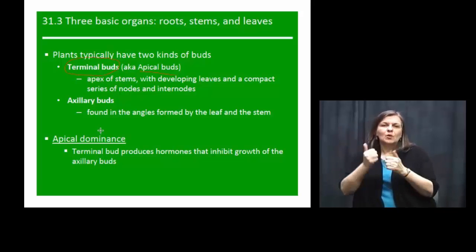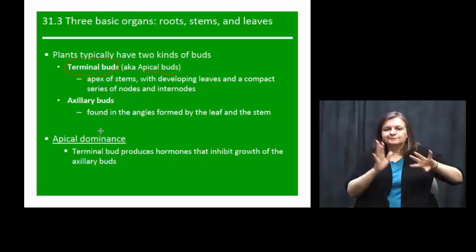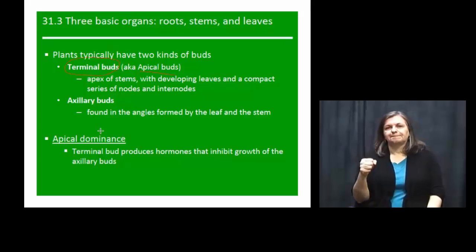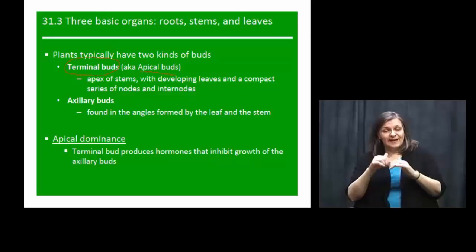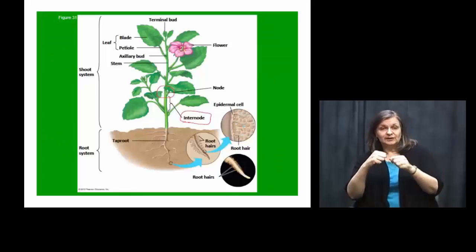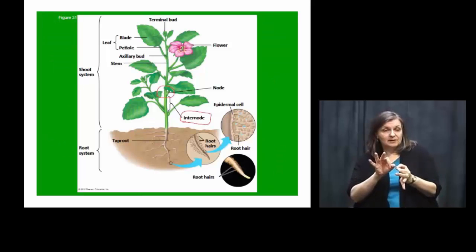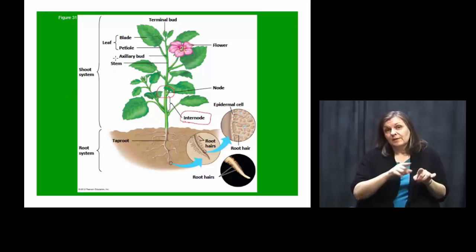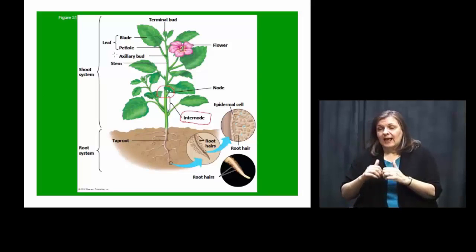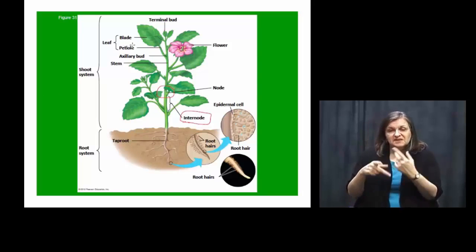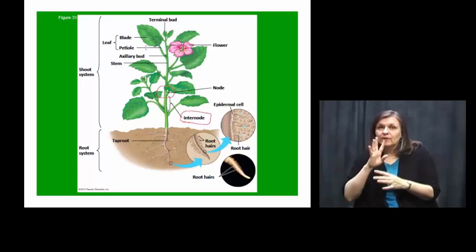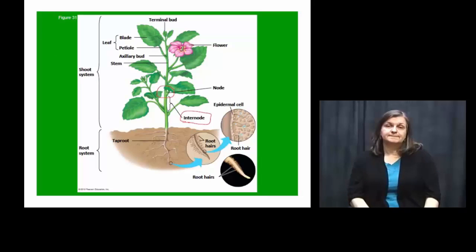Which one is going to allow more light to reach all parts of the plant? The pine tree? Right. So what we want to think about is how this plant structure is really ideal for not only growing these leaves at particular points along the stem, but also thinking about how the formation of these leaves and the structure of these leaves will be important when we talk about photosynthesis.